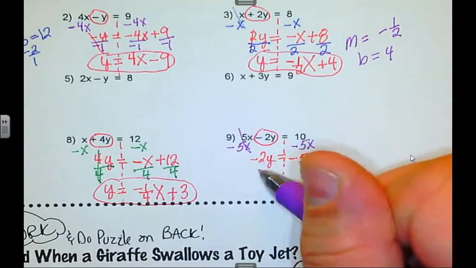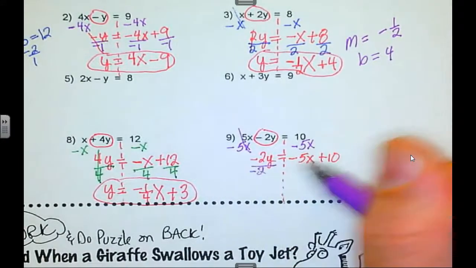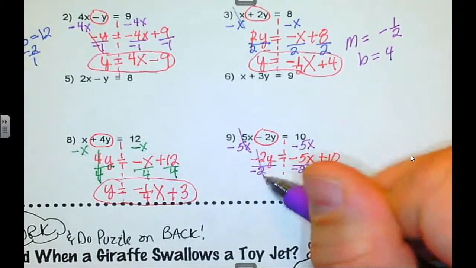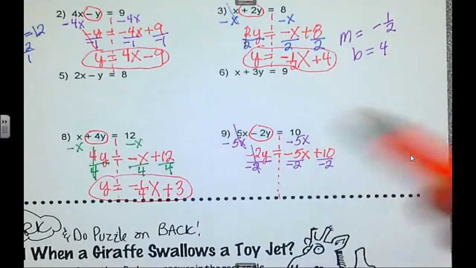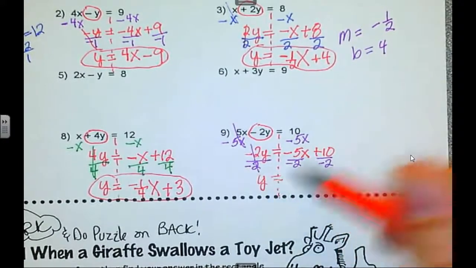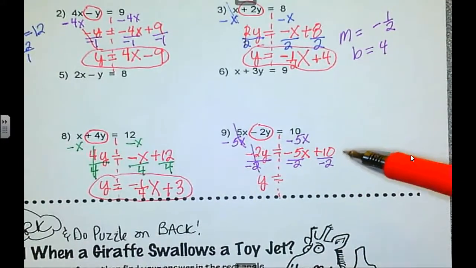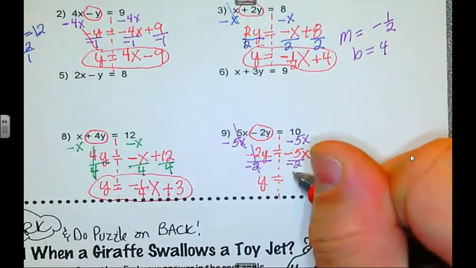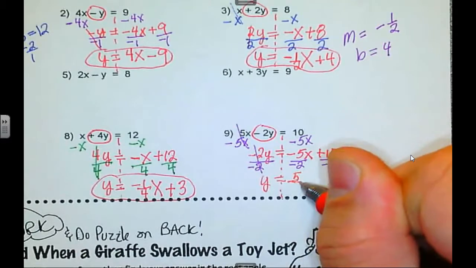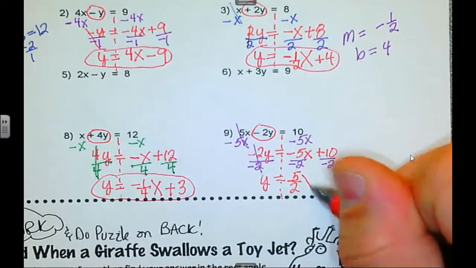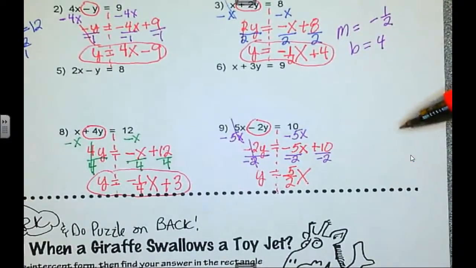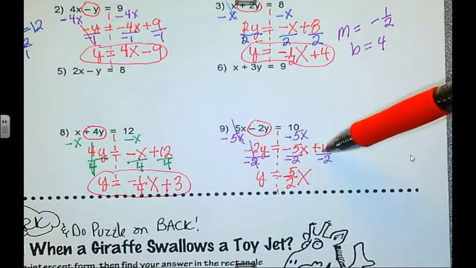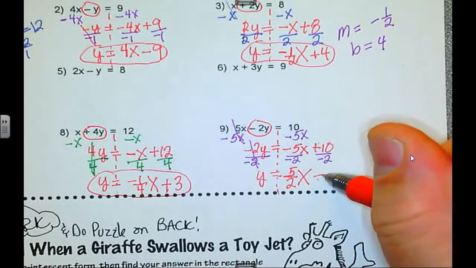I'm going to divide every term by -2. Okay, so I get y equals. Now, you're perfectly okay to leave it as -5 over -2, but I prefer the positive 5 over 2. Pull the x out. Positive 10 divided by -2 is -5.